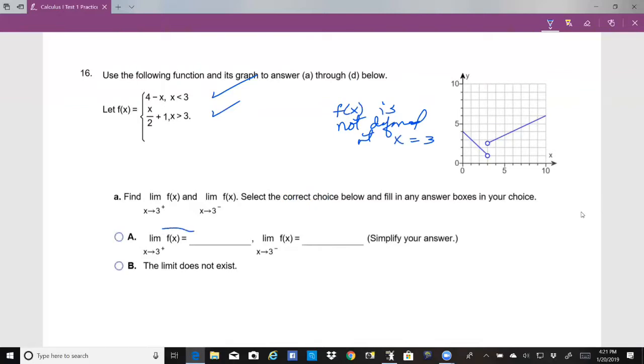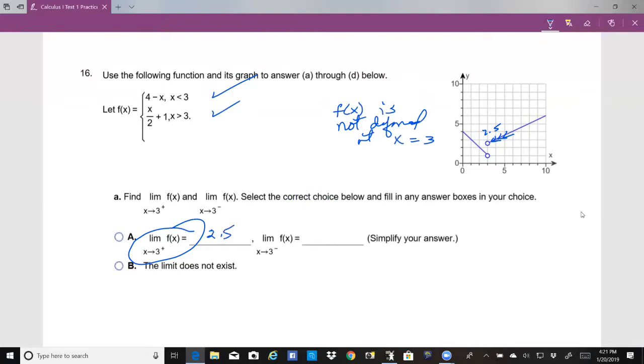The limit of f of x as x approaches 3 from the right. Hop up here on the graph, get closer and closer to x equals 3. Looks like it's getting very close to y equals 2.5. So the limit is 2.5 from the right.